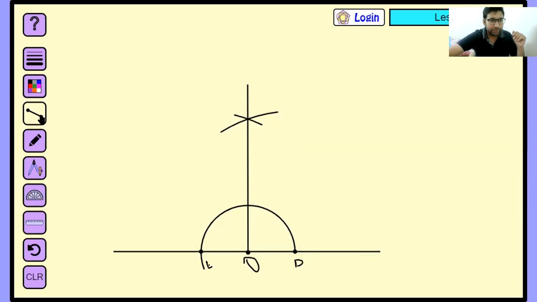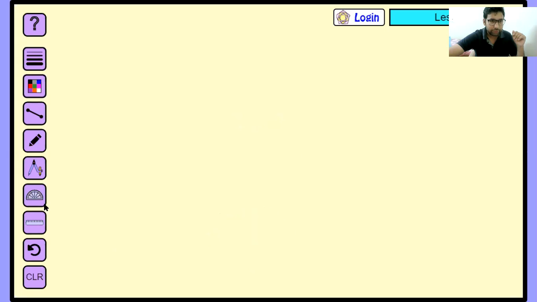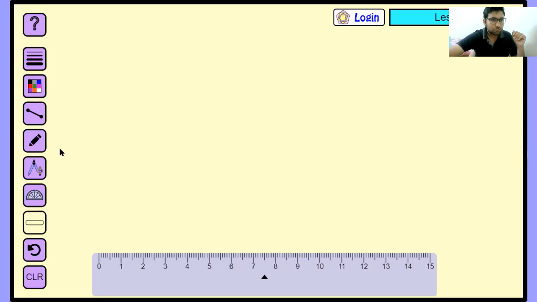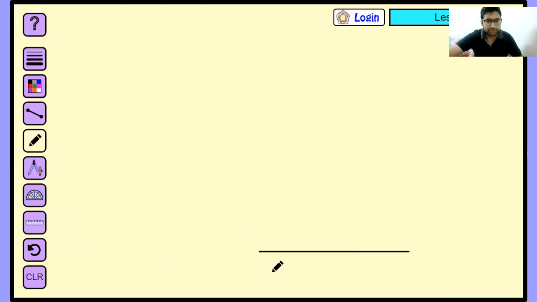Now let me try the next one. One second. Let me take clear. The next case, when your point is lying on the end. Let me draw from here. Now see, this is your point O. This time you cannot draw the circle that way because it will not give you the next point of 180 degrees.